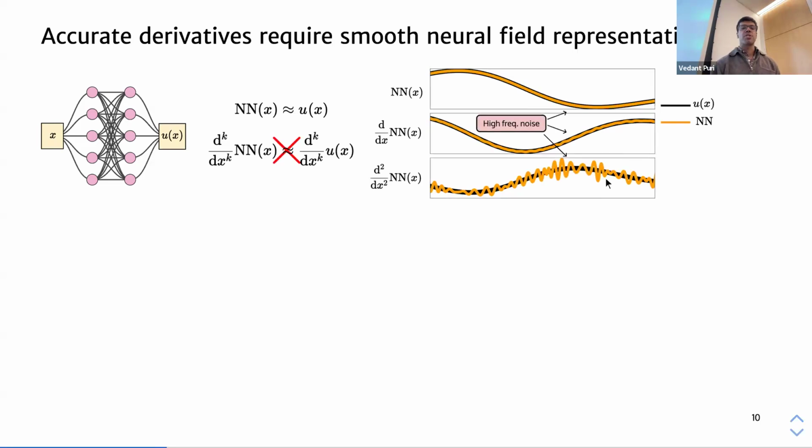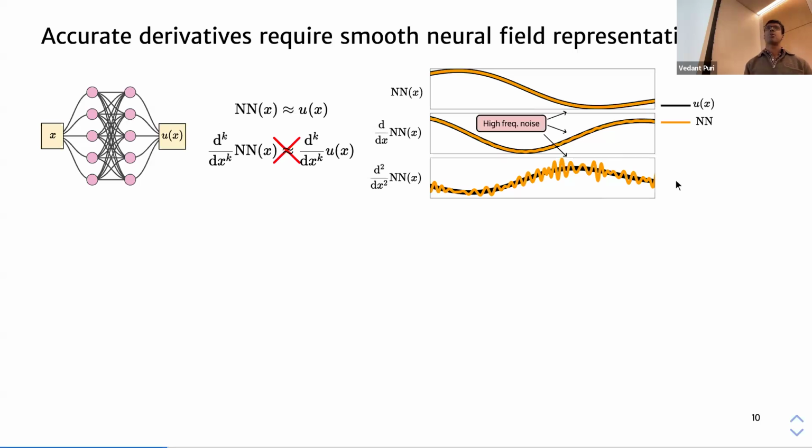But that is unfortunately not the case, as you can see in this simplified example, where you can observe this high frequency noise just scattered all over the neural representation, and it gets exacerbated as you take higher order derivatives. So this ends up corrupting your solution.